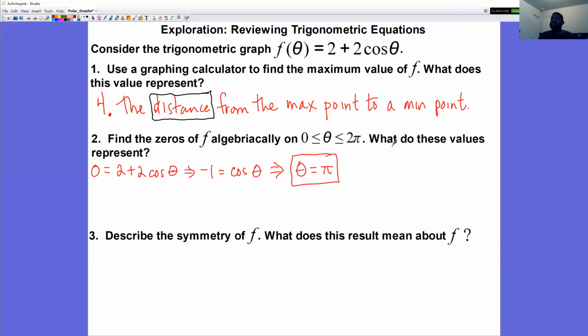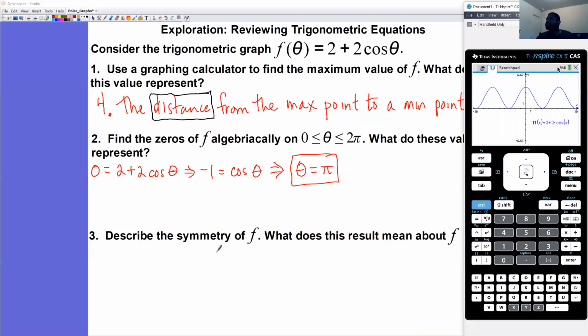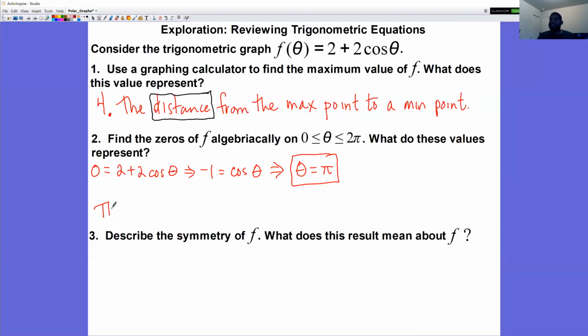And now we need to figure out what do these values represent. So if you look at the graph, it will be kind of challenging to tell where pi is. Okay, but you can guesstimate pi is about 3.14, so that's about right here. So that is indeed the x-intercept of the graph of f.